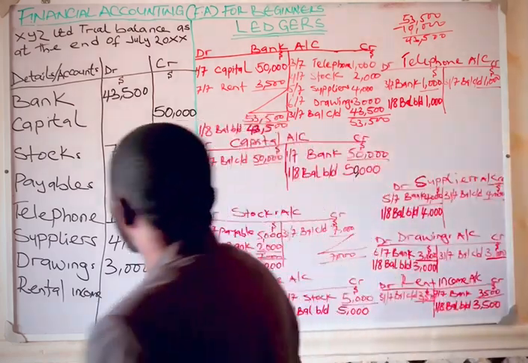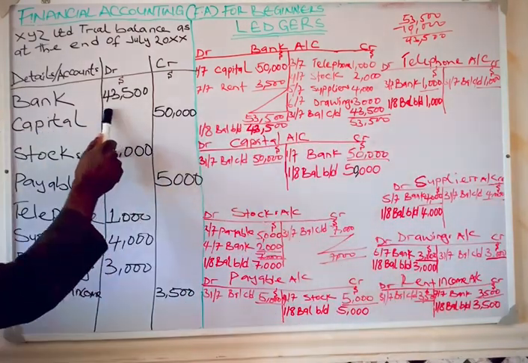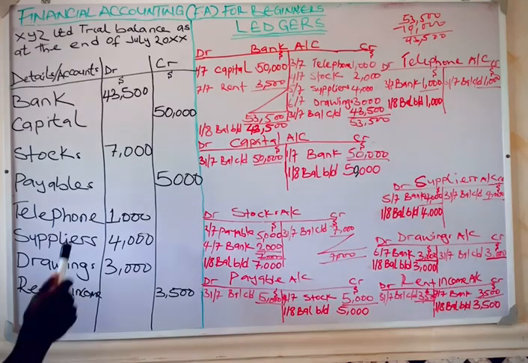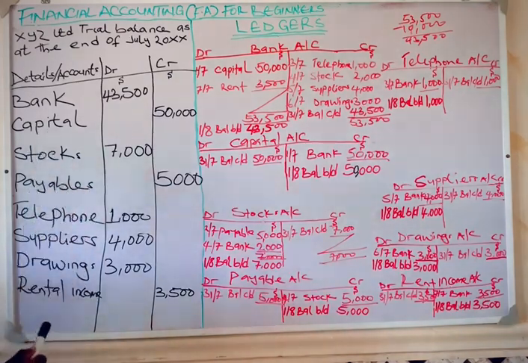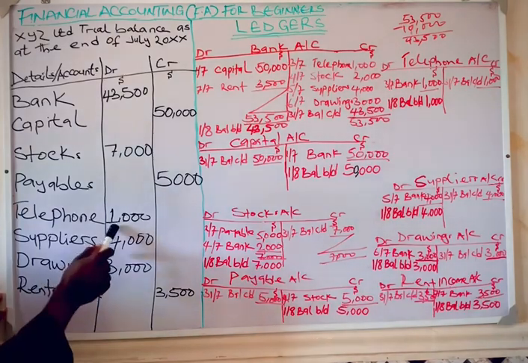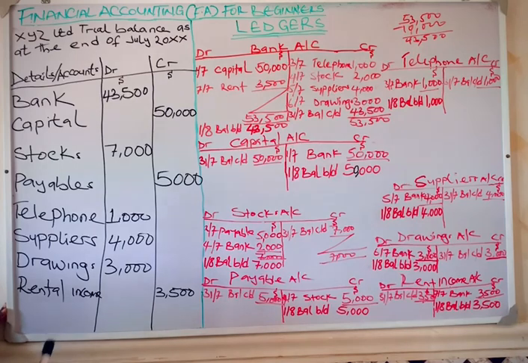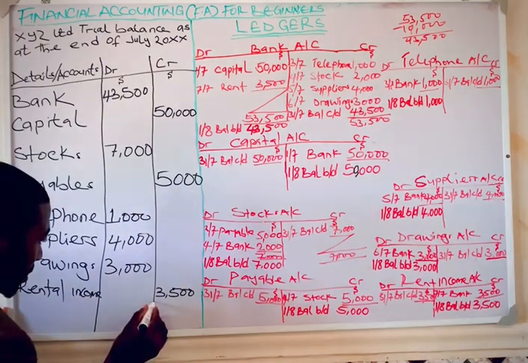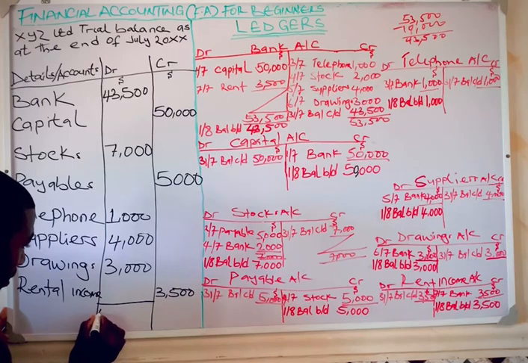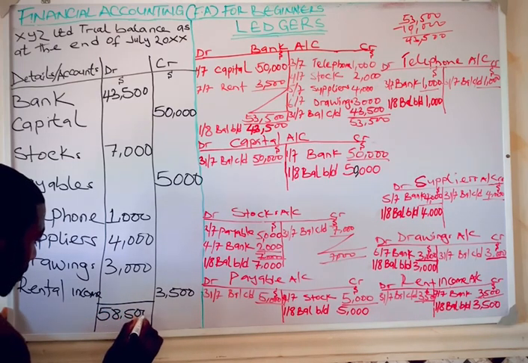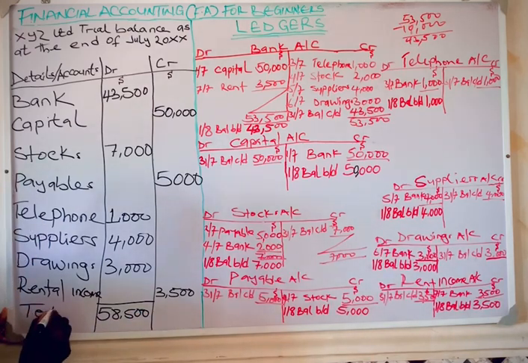In that case, your trial balance will not balance. So let's see. Here on the debit side, we have $43,500 plus $7,000, which gives $50,500, plus $1,000 is $51,500, plus $4,000 is $55,500, plus $3,000 is $58,500. That is the total.